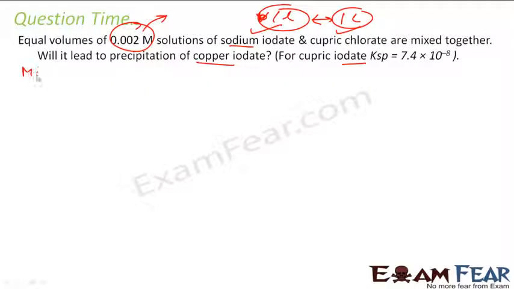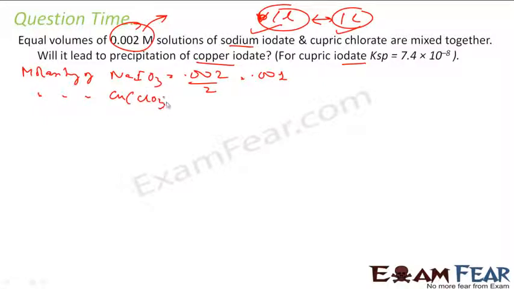So the molarity of sodium iodate will be 0.002 by 2, that is 0.001. And similarly, the molarity of cupric chlorate, Cu(ClO3)2, will also be 0.002 by 2, that is 0.001.